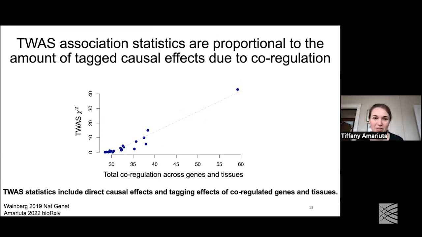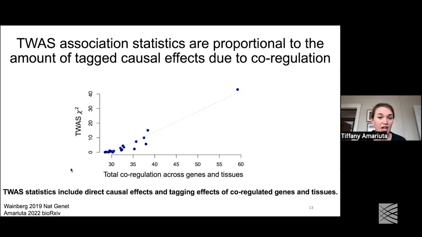I'll get into more detail in the next slides about exactly how I estimate co-regulation, but we can think of this for the time being as a quantity analogous to LD scores, but at the level of gene effects.